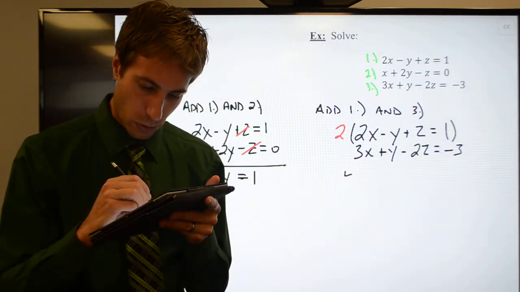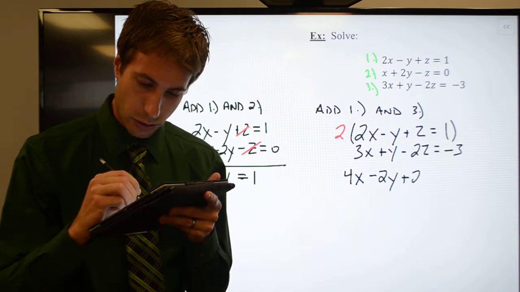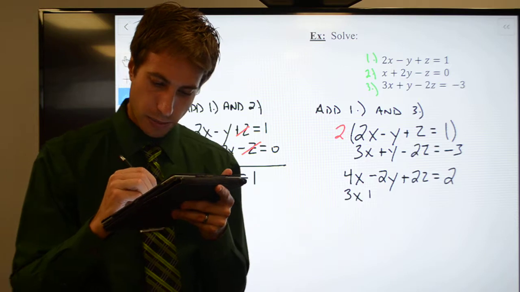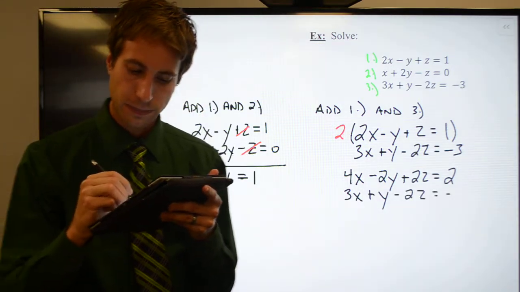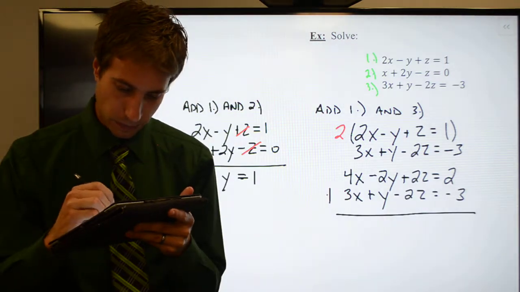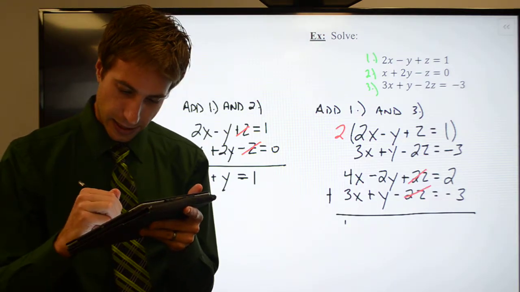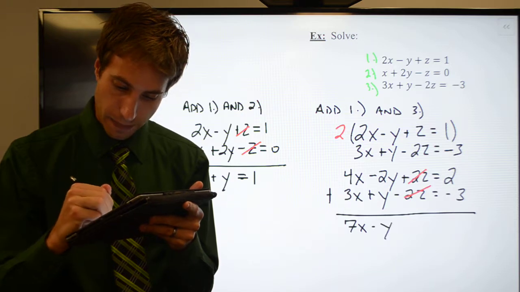That's going to give me 4x minus 2y plus 2z is equal to 2. 3x plus y minus 2z is equal to a negative 3. Here we go, add them up. Z's drop out. I've got a 7x, I got a minus y, and I got a minus 1.